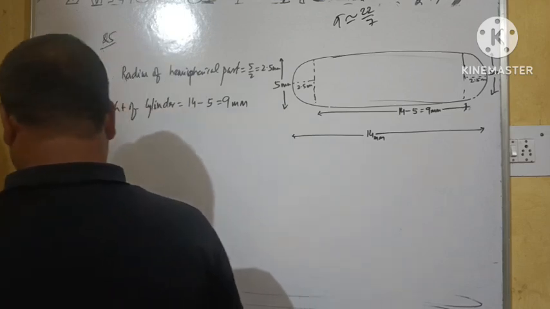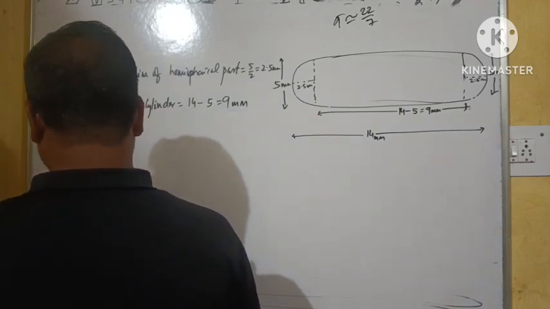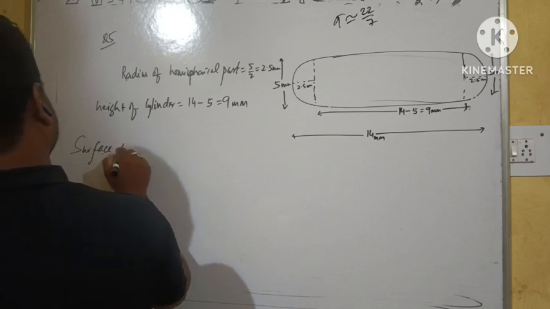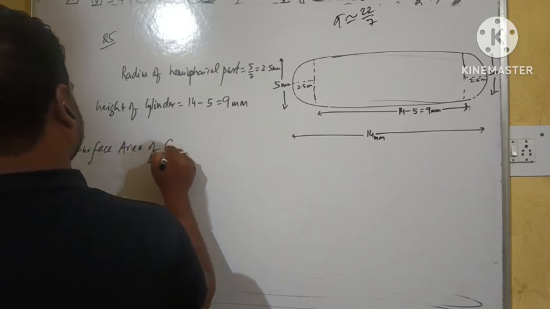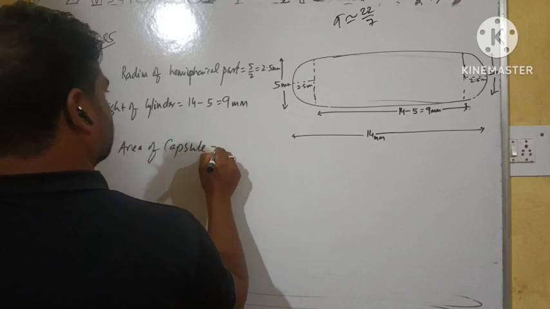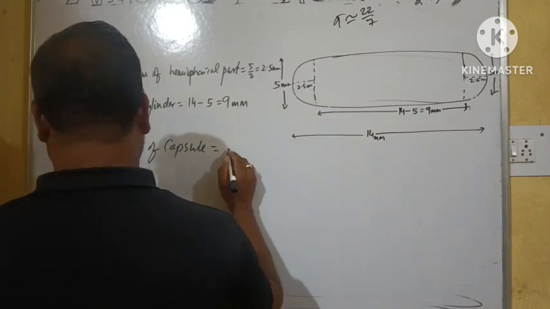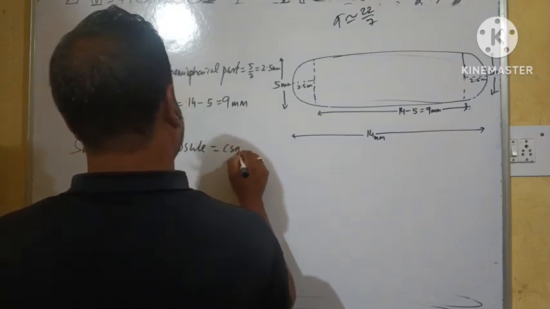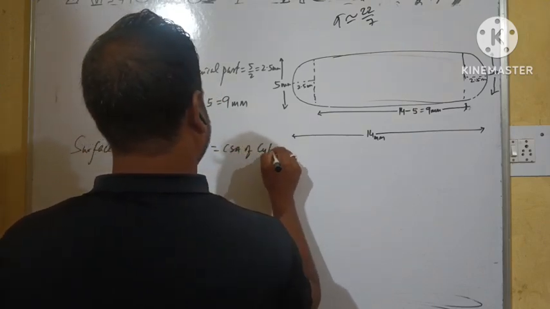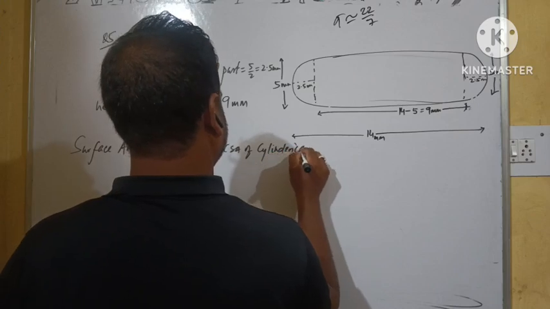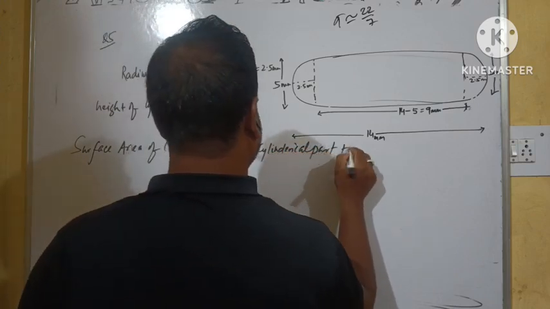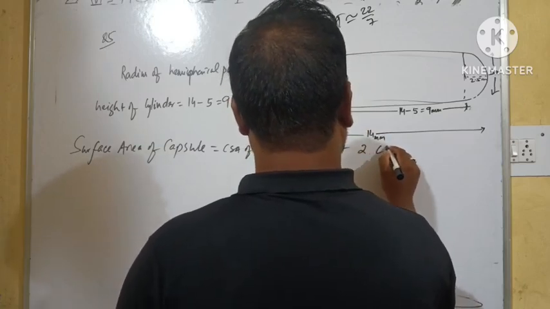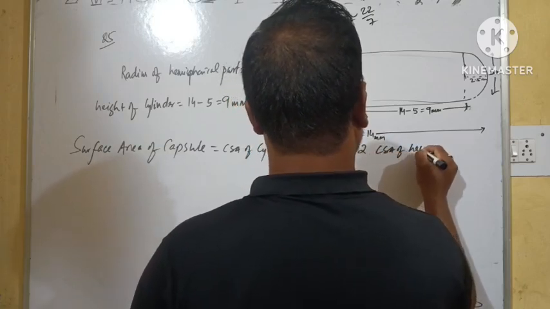Then we have to find the surface area of the capsule. Surface area of capsule equals curved surface area of the cylindrical part plus 2 into the curved surface area of the hemispherical part.